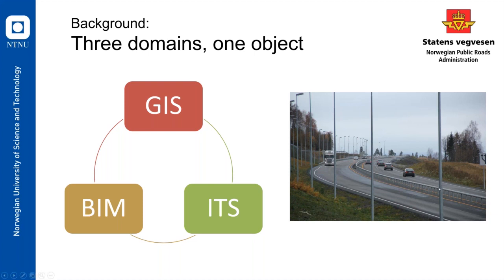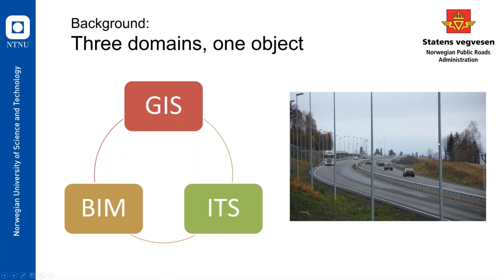Like for instance, the road here and the railing. When we talk about this railing, it is of interest in all of these 3 domains, but you are interested in different characteristics in the different domains.